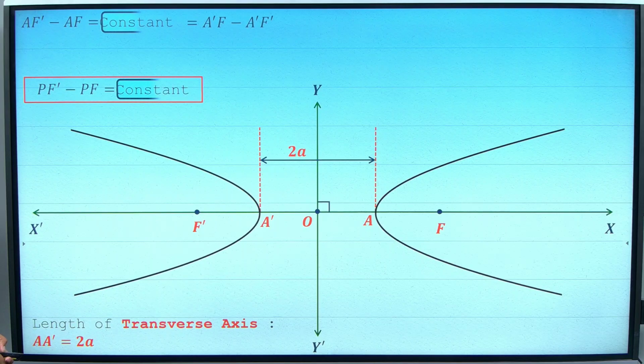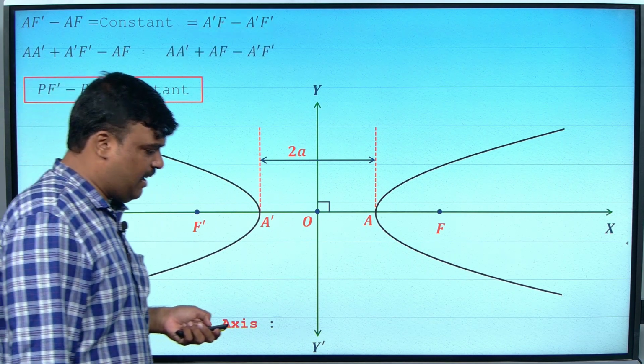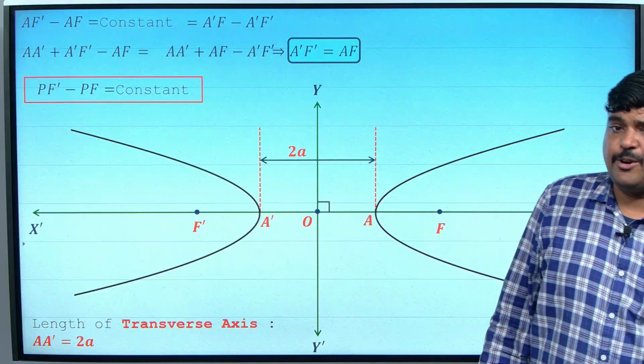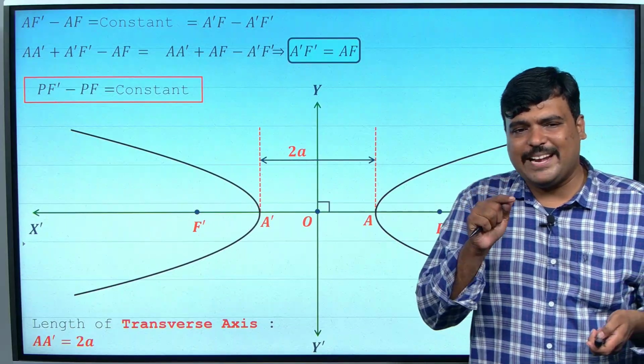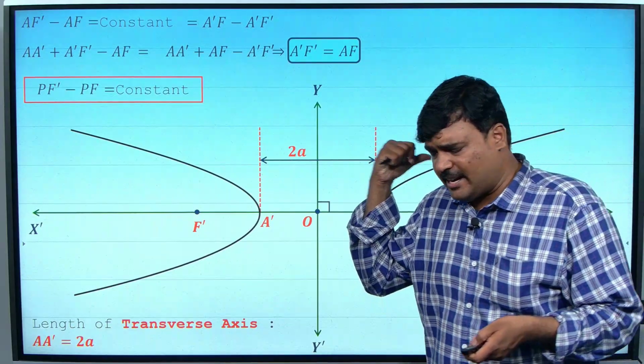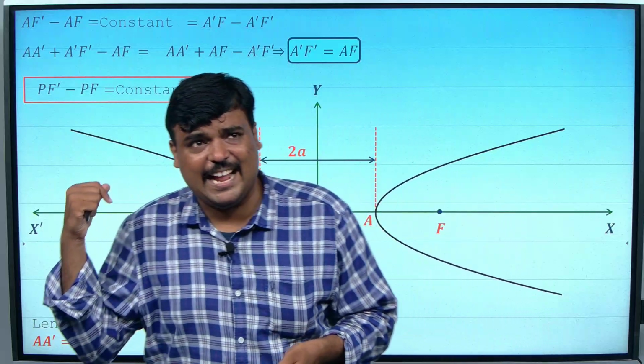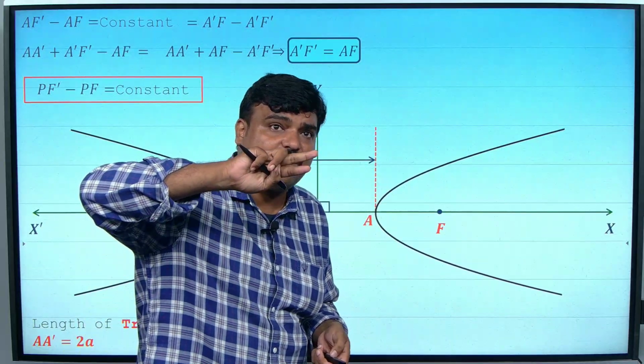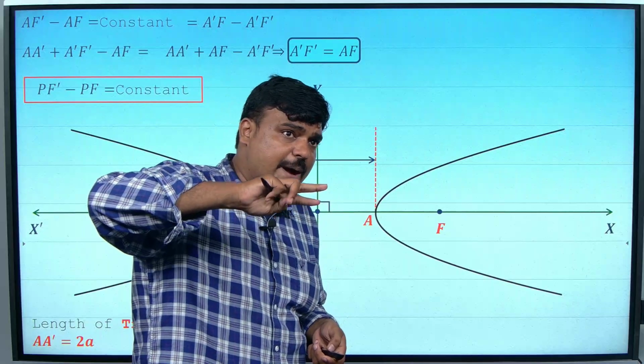I am going to derive the equation of the hyperbola. In the ellipse I had a plus; here I am going to get a minus. Why minus, guys? Here my definition is the difference: the set of all points which has equal difference. In the ellipse, the set of all points which has equal sum.